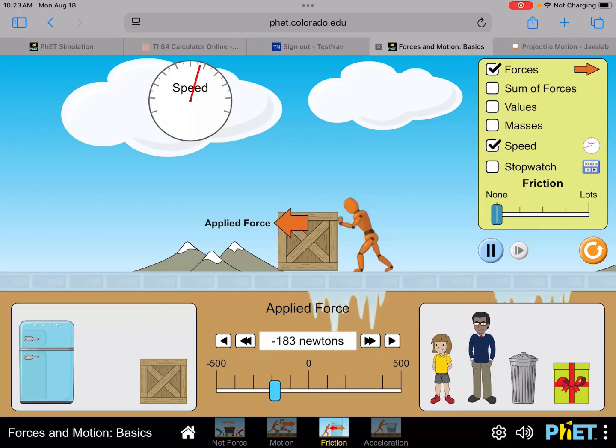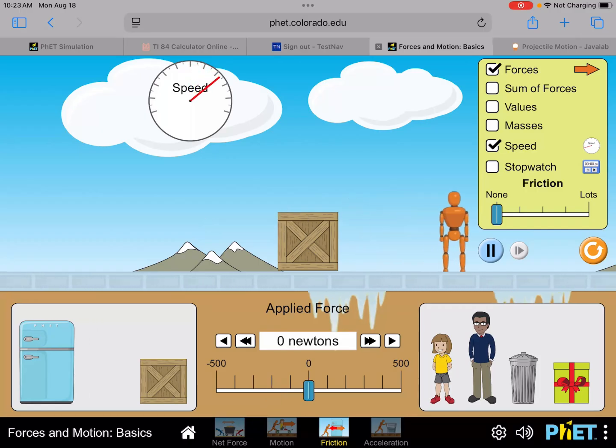I could come back and now push it this way. And look, I'm causing it to slow down. That is a change in its motion. If I keep pushing, I can continue to cause the change in motion, and now it's actually accelerating to the left, right? If I let it go, no force, it continues to move as it was before. We're going to explore this a lot today. We're seeing a good example right now of Newton's first law in action.